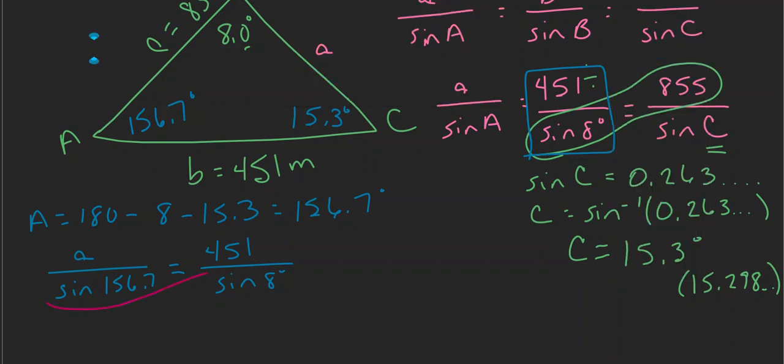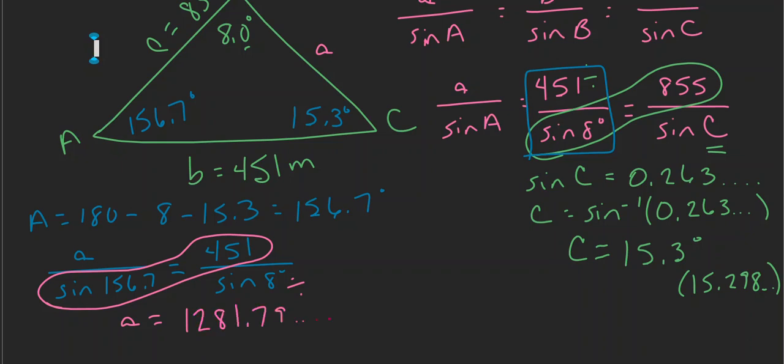I'm going to go ahead and multiply 451 times sine of 156.7, divide by sine of 8. I'm just double checking to make sure I didn't do anything silly like I did up above. So I ended up with 1281.79.